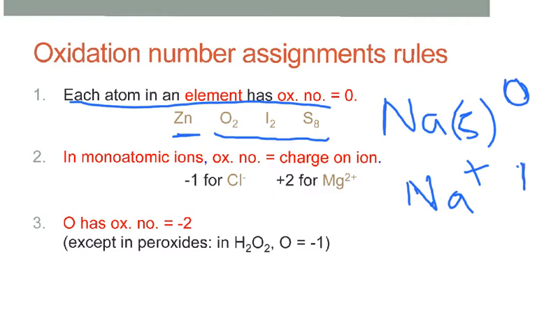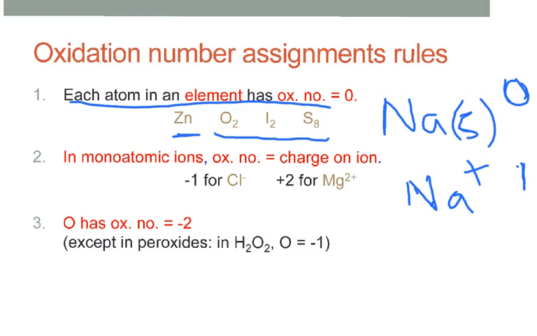Okay, oxygen has an oxidation number of -2, with the exception of oxygen in peroxides. So for example, in hydrogen peroxide, the oxidation number of oxygen is -1. This is an exception to the rule. Otherwise, it's always going to be -2.